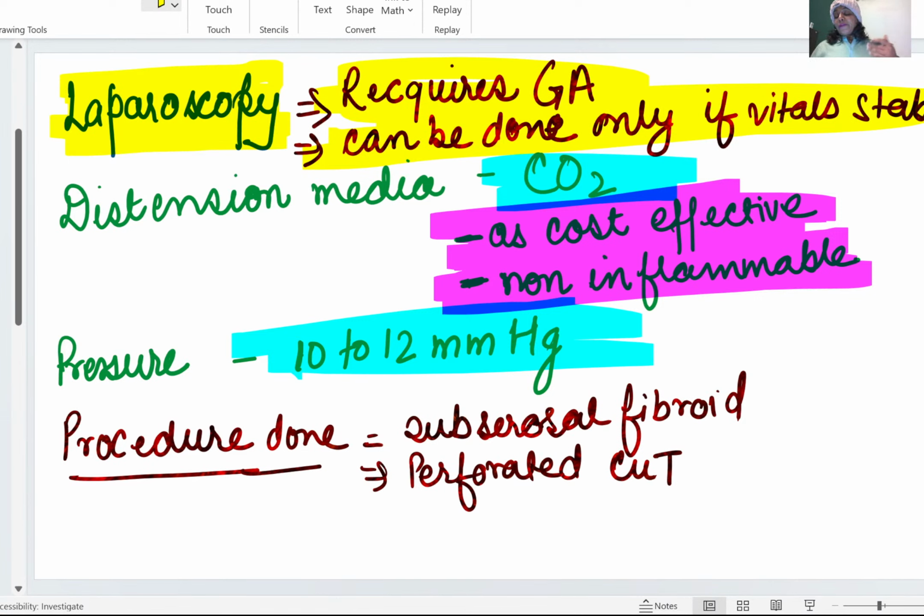What is the benefit of laparoscopy? This was an INI-SET question, November 22. Basic things are asked in every exam. Yes, every laparoscopy requires general anesthesia. Okay? Why is laparoscopy more beneficial than laparotomy?